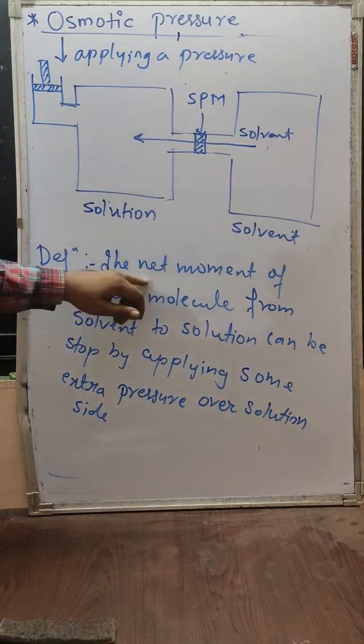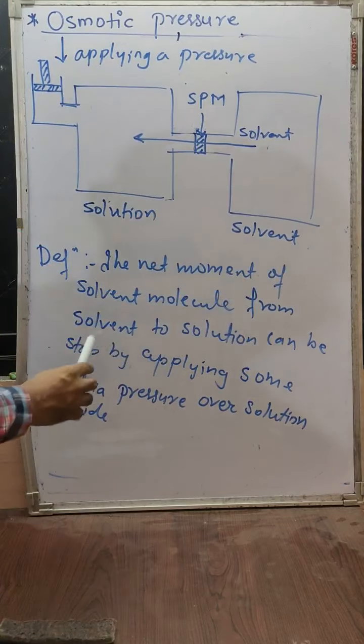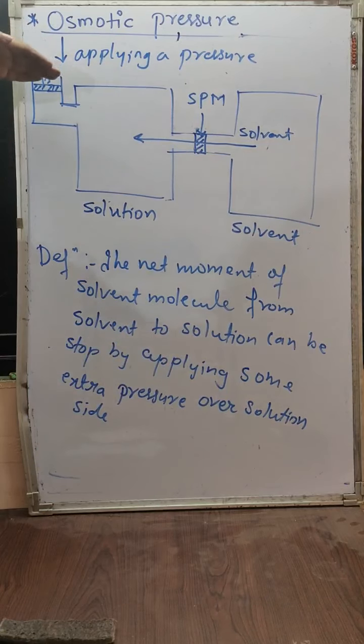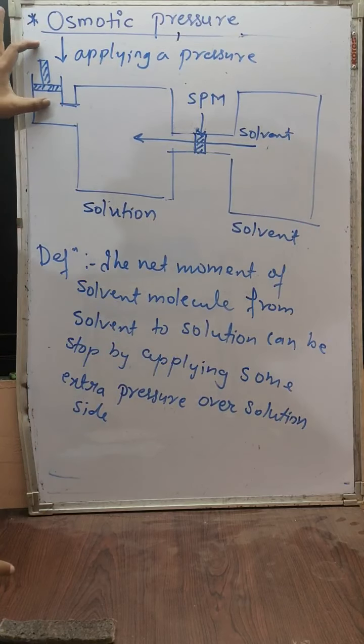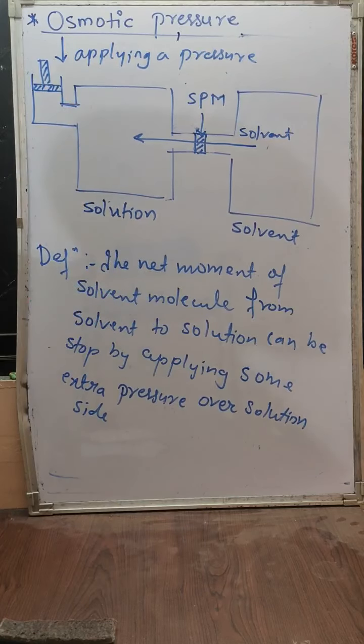Yes, the net movement of solvent molecules from solvent to solution can be stopped by applying some external pressure or extra pressure over the solution side, which is called osmotic pressure.